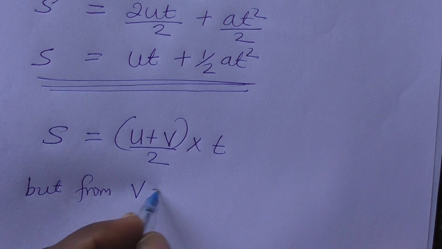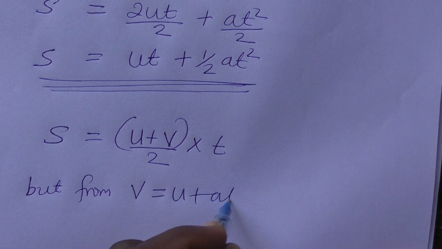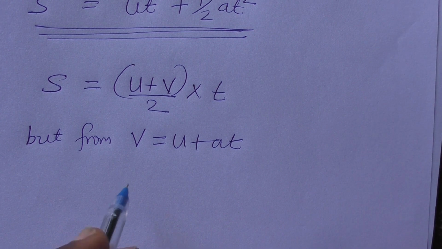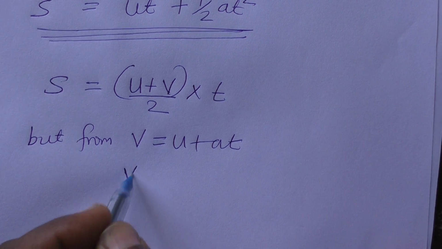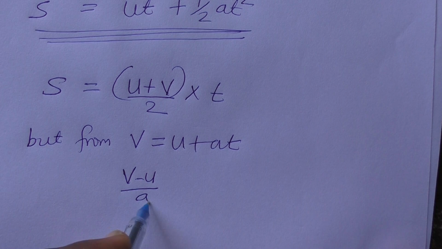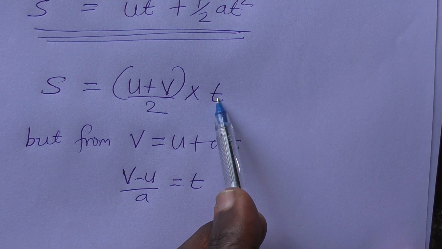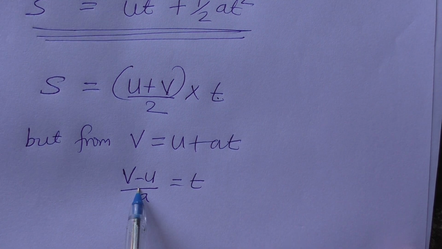So we shall say that, from v equals u plus at, we make t the subject. Hence, we shall have v minus u over a equal to t. So now, instead of writing t, we shall replace it with this.